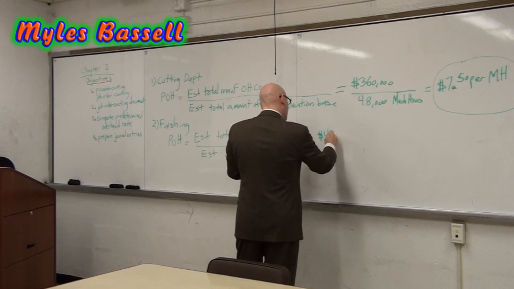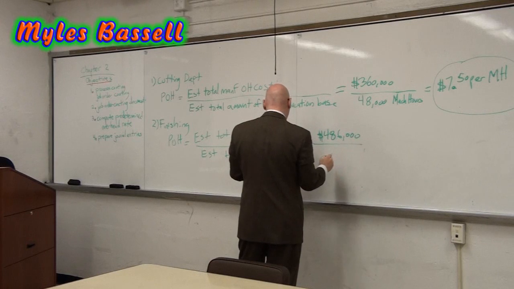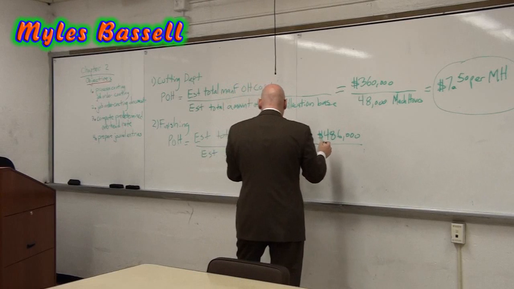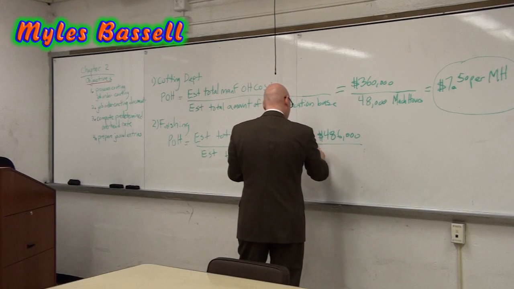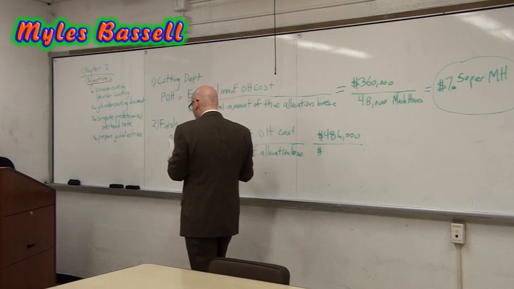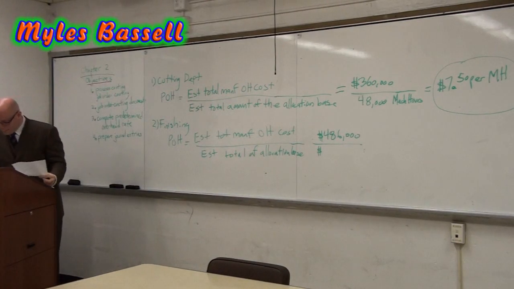So, in this case, the manufacturing overhead cost is 486,000, and the direct labor cost for the finishing department is how much? How much is it? They tell us. It tells us that the direct labor cost of finishing is 270,000.